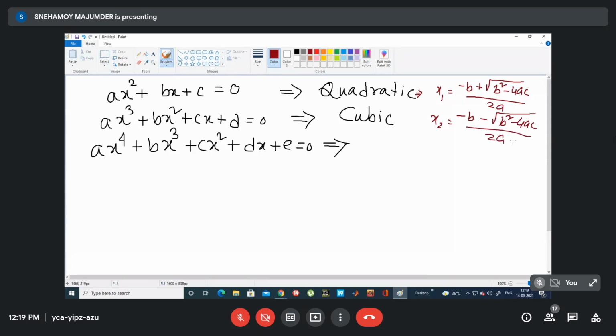And everybody knows this. Here also there is an equation which you seldom keep in mind.